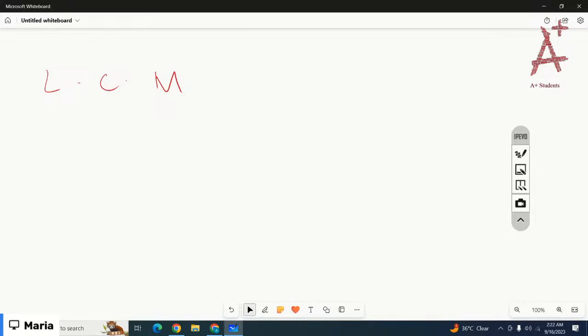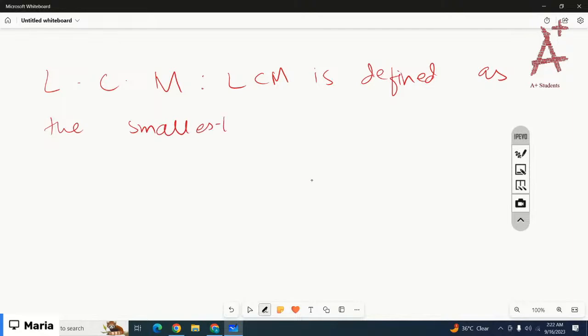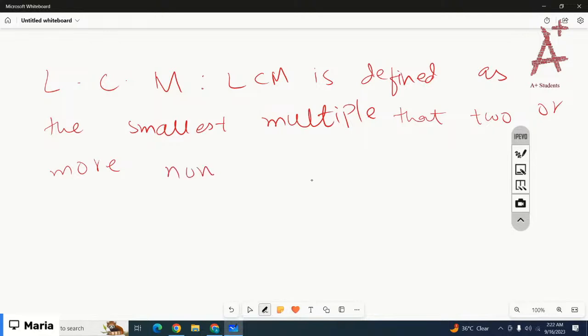So let's just write down the definition. The least common multiple, or LCM, is defined as the smallest multiple that two or more numbers have in common.